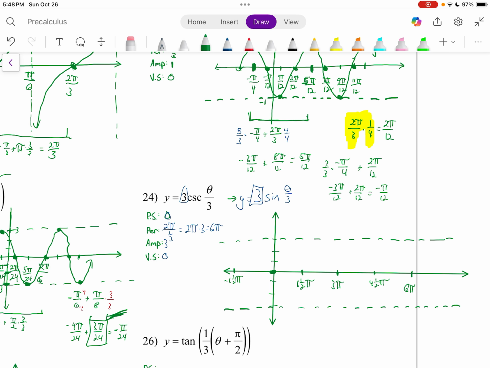So sine starts at 0, goes up to the top, which is 3, back down to 0, in this case down to -3, back up to 0, and we'll put one more thing here that's back up to 3. I'm going to do a dashed graph here because this really isn't my graph. This is just to help me graph cosecant.